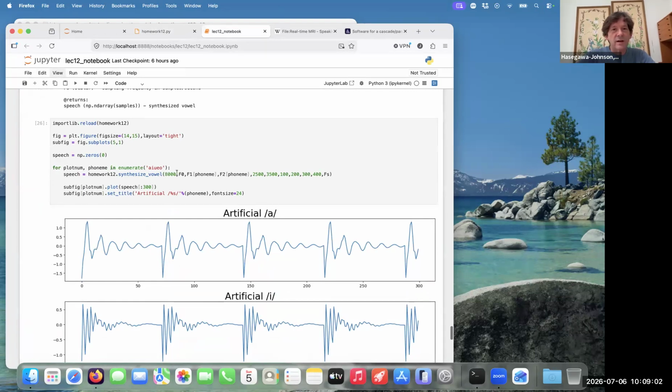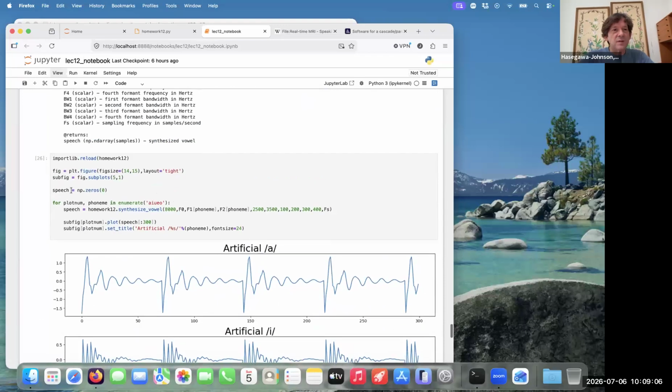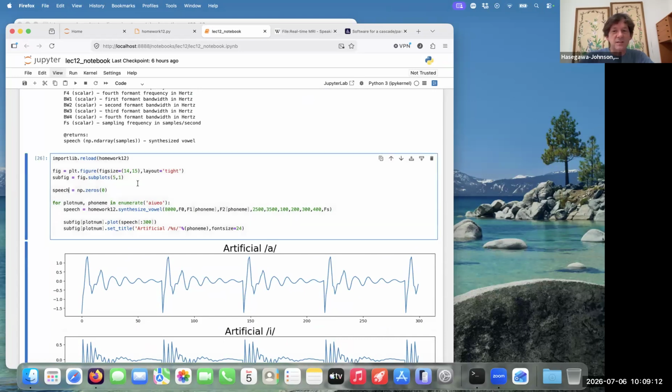Oh, we've created A, E, U, A, O. So the very last one should be just the O. Let me actually create speech as a dictionary here so I can play all of them. Let's say that speech of phoneme is equal to synthesized vowel, and this will be speech of phoneme colon 300.